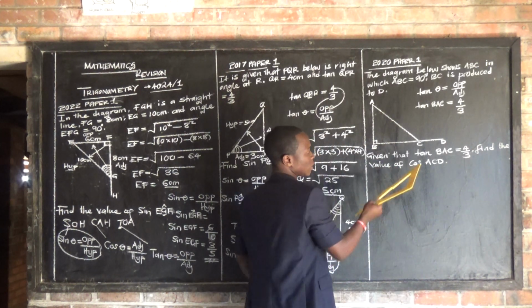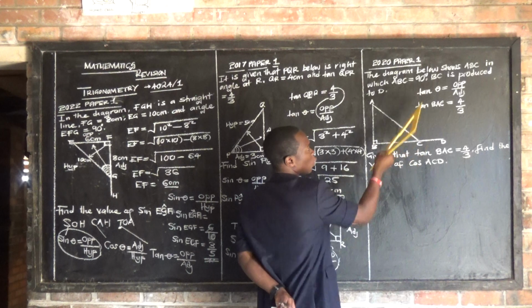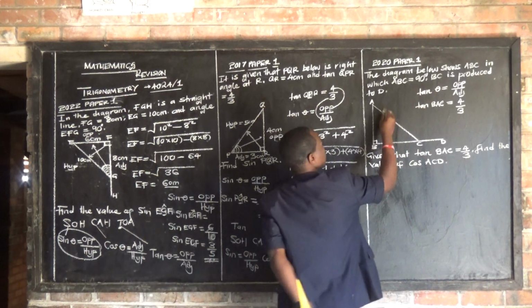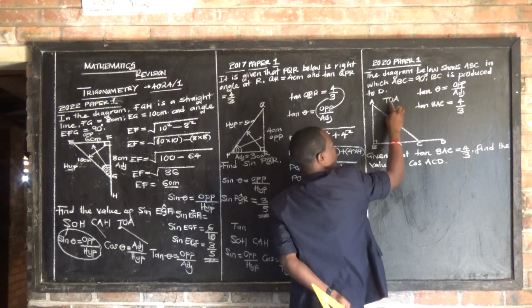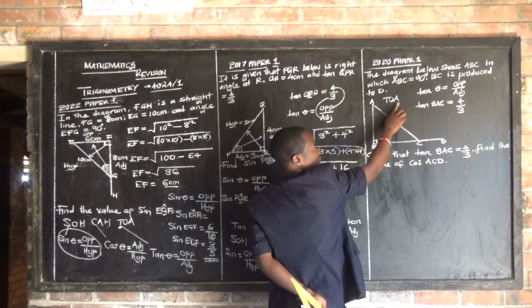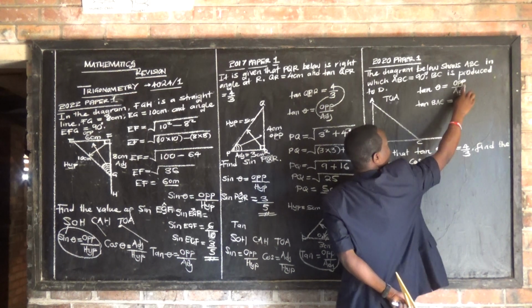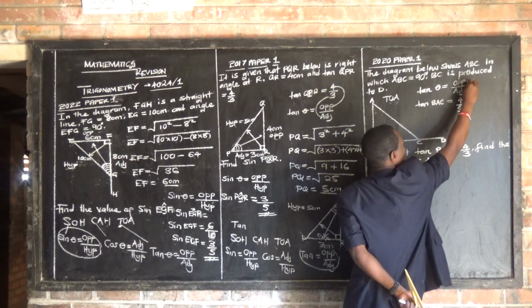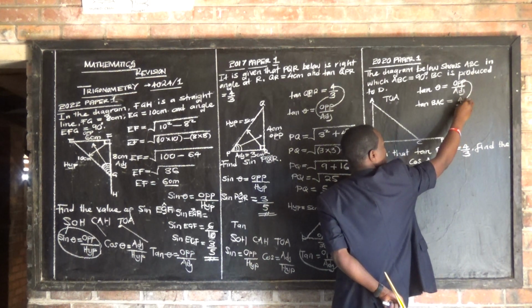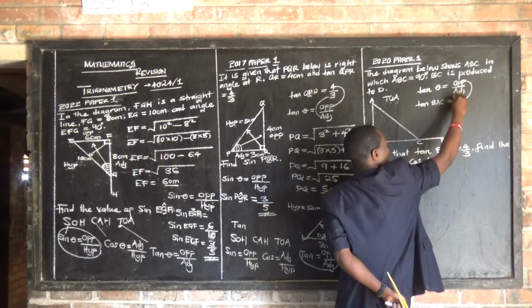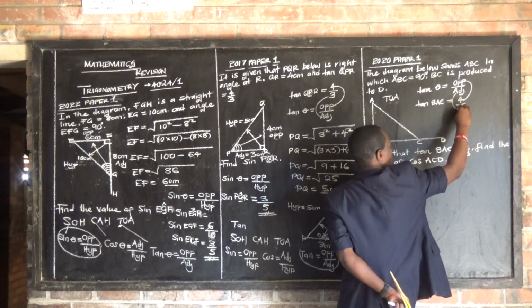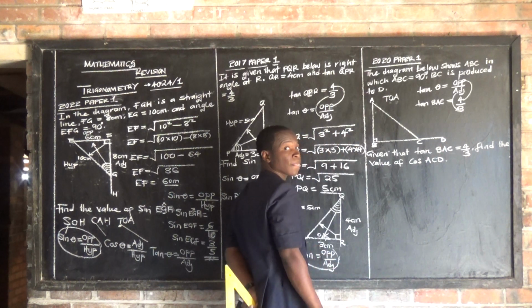This is tan. Look at TOA. So it's the opposite over adjacent. Is it okay? Then we know that 4 becomes the opposite. Then what about adjacent? Is it 3? 3. Is it okay?